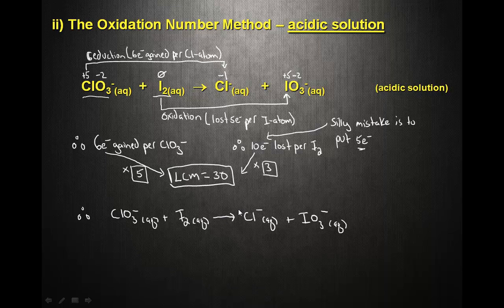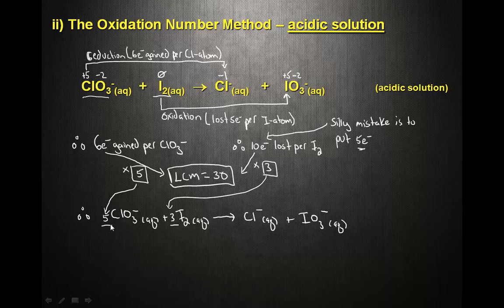It really doesn't matter if you put the states in or not, and I probably won't for the rest of this question. So now we know that this is 5, and we know that this is 3. So we're not going to ever change these numbers. We now know, and remember, we're just focusing on the atoms that have been involved in the oxidation and reduction, which is chlorine and iodine.